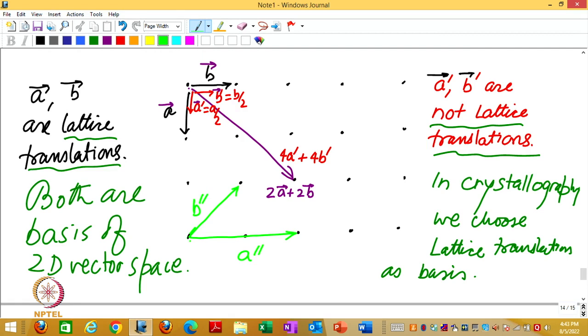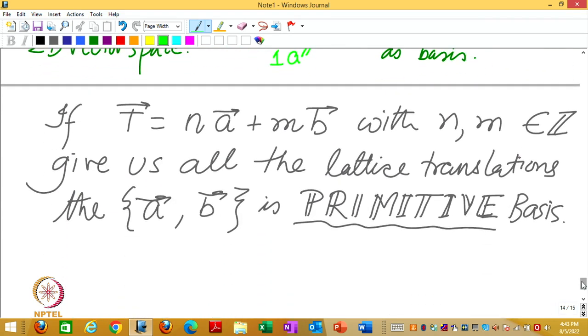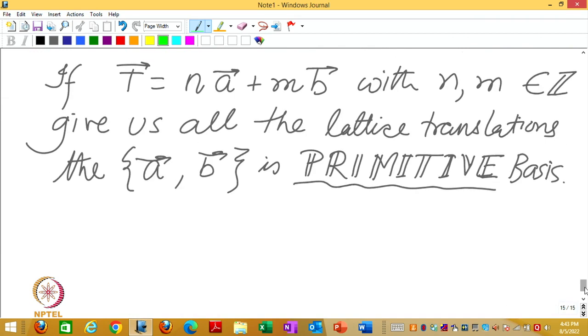So, A double prime takes me to twice the distance of separation of lattice points in that direction. So, even 1 A double prime is taking me to the next to next lattice point. So, this middle lattice point I cannot reach by an integer combination, I have to go half an A double prime. So, that is also an allowed basis, only its name is given as a non primitive basis.